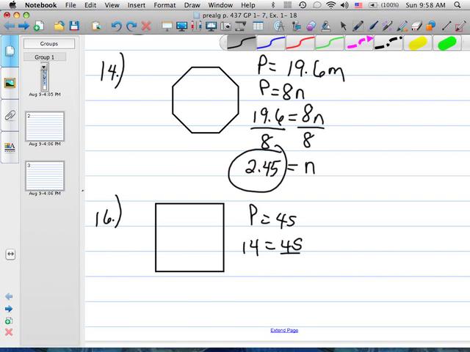So if I divide by 4, I find out each side is equal to 3, goes in 12, 2/4, 3 1/2, or 3.5 feet long.